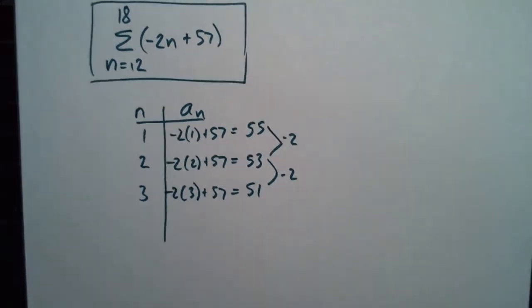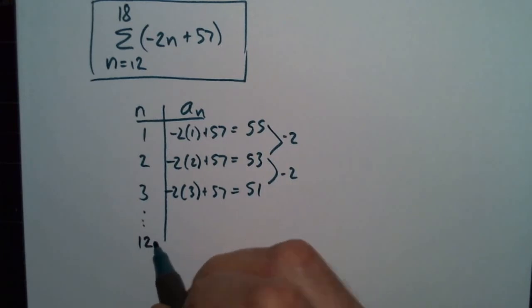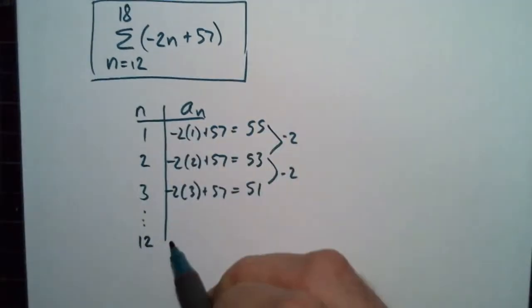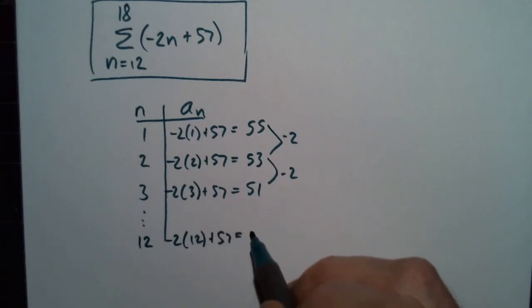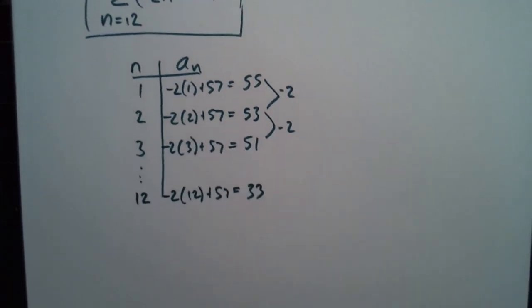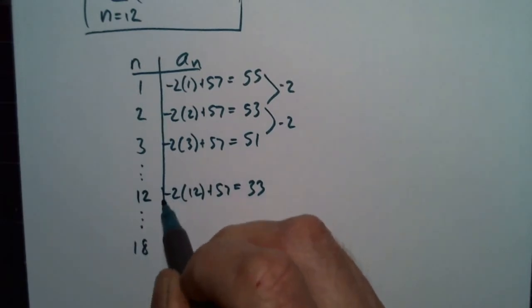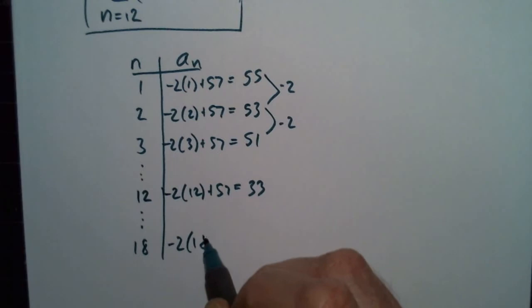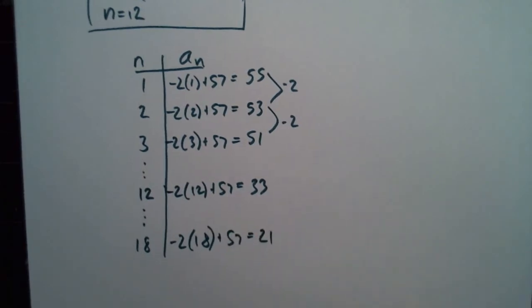Here we're looking at n equals 12, negative 2 times 12 plus 57, 33. And then we'll go down to 18, negative 2 times 18 plus 57, 21.